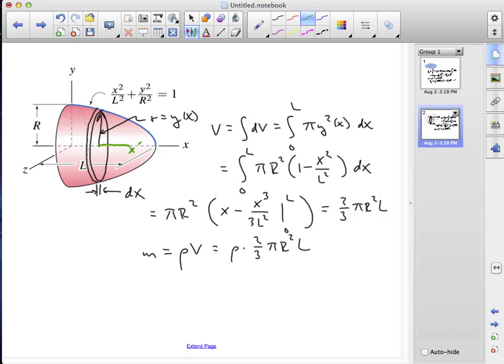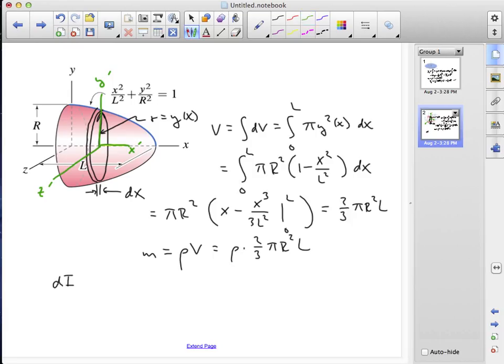Here's x prime, y prime, and z prime that go with the differential element. In particular, note that x and x prime are coincident, which means we don't have a parallel axis offset, but y prime and y are not coincident, which means we will have a parallel axis offset.